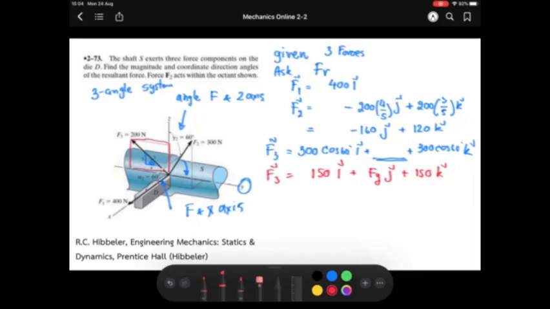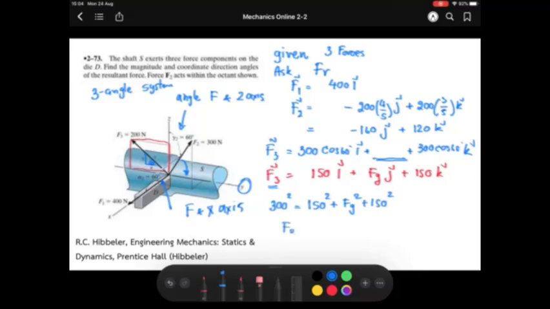You know that the F magnitude should be equal to each component squared added together. So we can write 300 squared equals 150 squared plus Fy squared plus 150 squared.